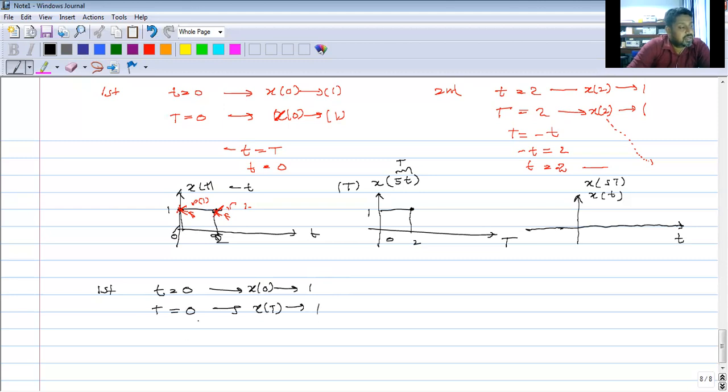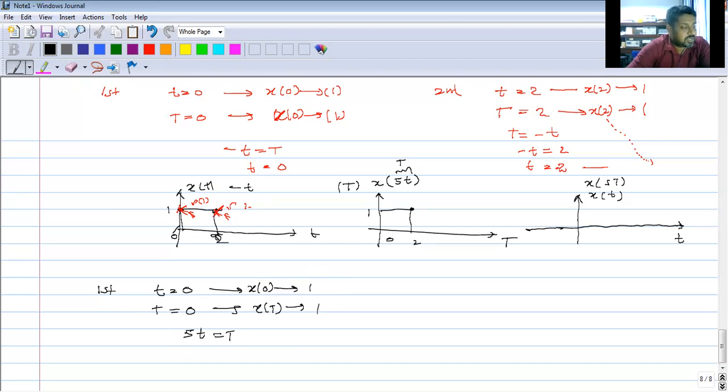But now you want to plot it with respect to 5t, where 5t is equal to capital T. If t is 0, x(t) is 1.